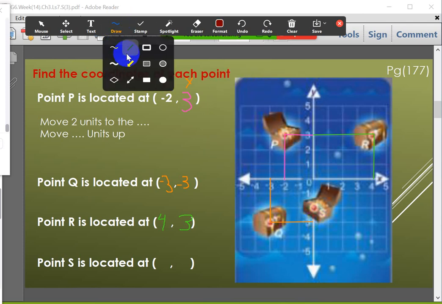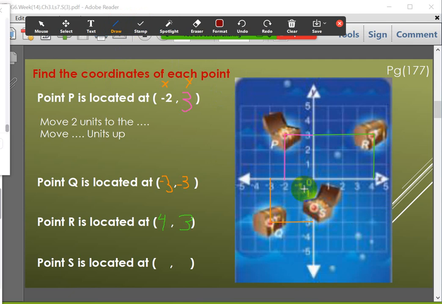Who will tell me what is the x here? Look, if I take the S here, I will take a line from S vertically, and it will cross the x-axis here on 0. Very good, Lena. So it will cross the x-axis on 0.